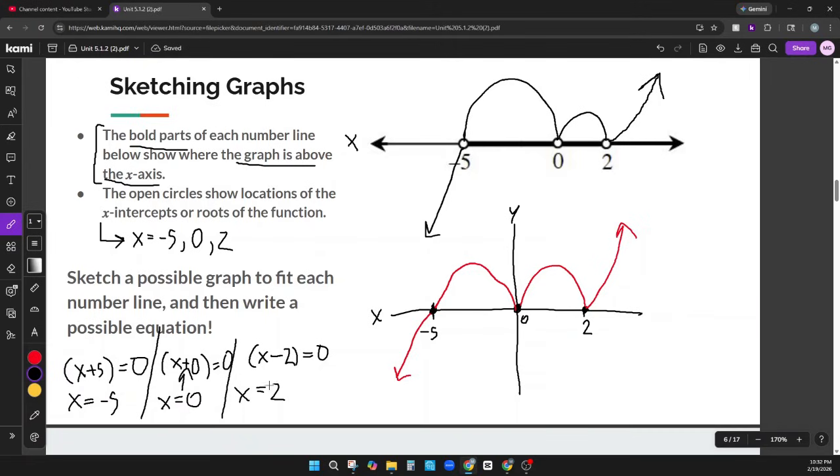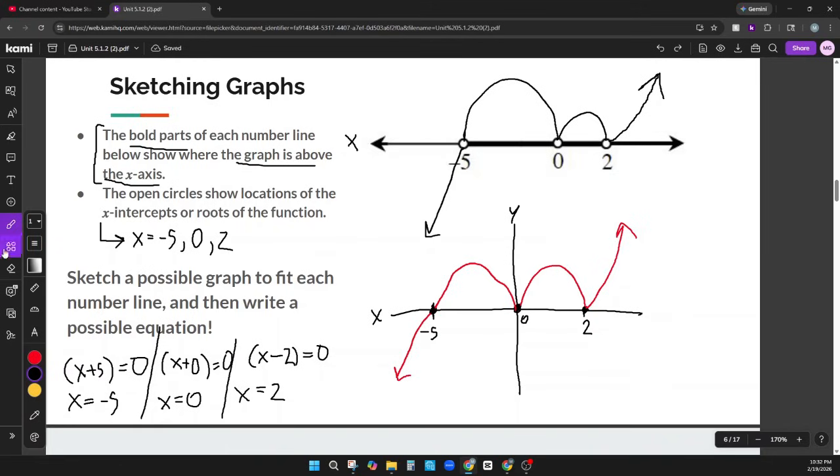I must have derived my 0 from x plus 0 equals 0. And I must have derived my 2 from x minus 2 equals 0. If that explanation is going over our heads, please do not worry about it. For right now, if we're able to recognize the pattern of what is expected of us, then that's going to suit us just fine.